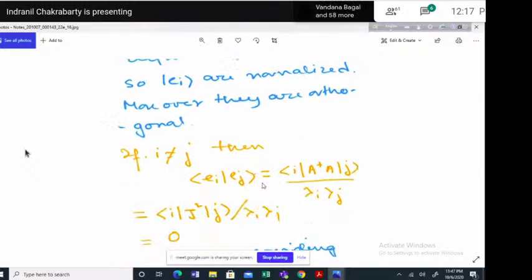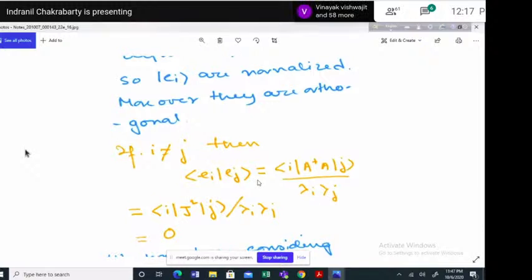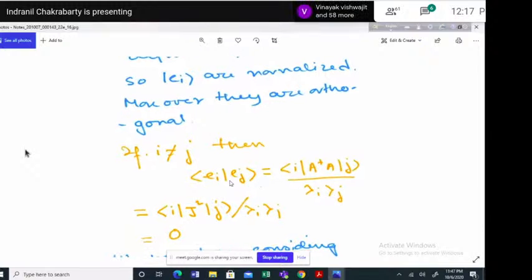Because e_i is defined as A applied on |i>, the inner product of e_i and e_j will be <i|A dagger A|j>, divided by lambda_i lambda_j. Now J squared is nothing but lambda_i squared |i><i|, so whenever |i> takes the inner product with |j>, it will be 0. As a result, the whole expression will come out to be 0.